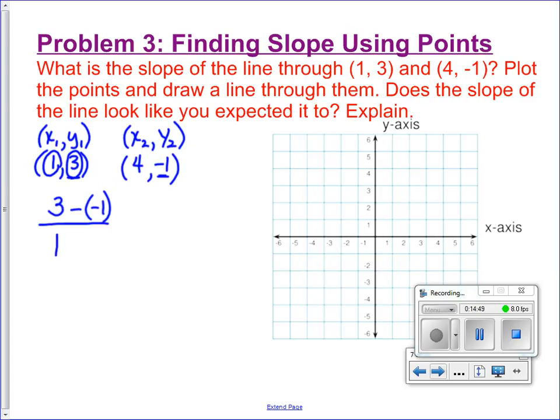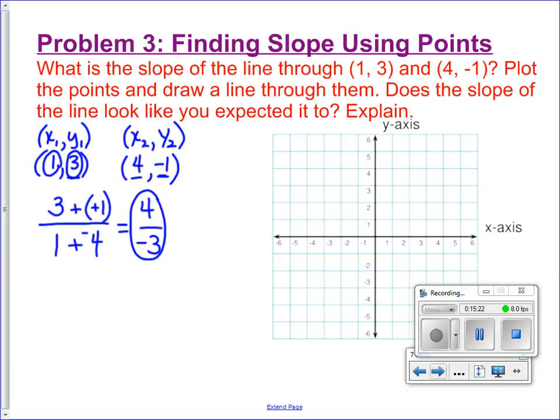And I will take 1 minus the 4, which is the x-coordinate of my second point. All right, so 3 minus negative 1 is the same as 3 plus positive 1, which would be 4. And on the bottom, 1 minus 4, or 1 plus negative 4, is negative 3. So my slope is negative 4 over 3, or negative 4/3.